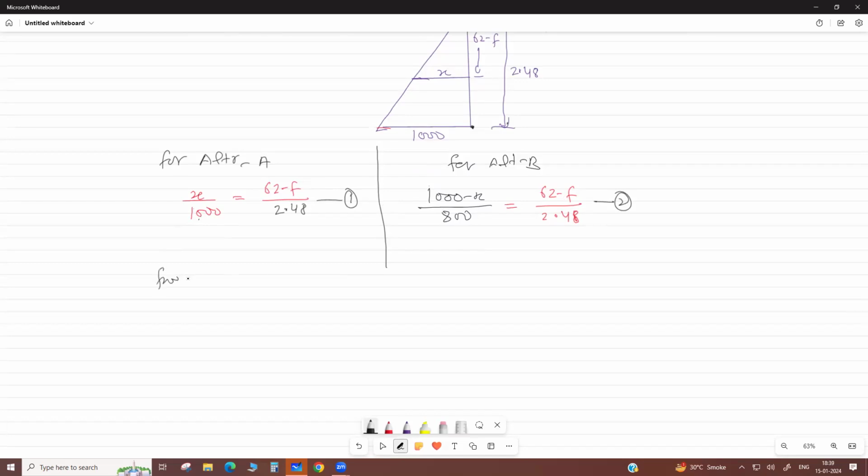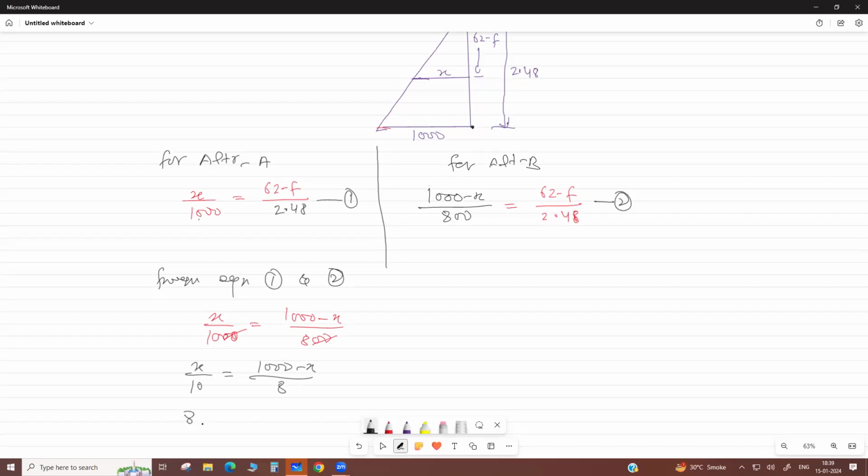So from equation 1 and 2, we equate: x by 1000 equals to 1000 minus x by 800. शायद ये दो जीरो से जो जीरो कैंसिल हो जाएंगे, so you get x by 10 equals to 1000 minus x by 8.